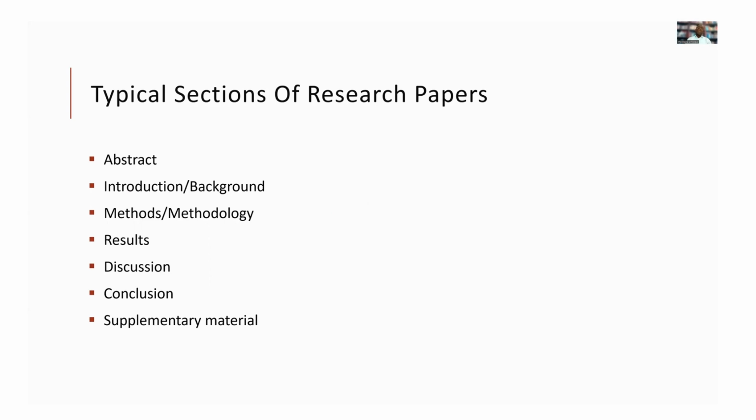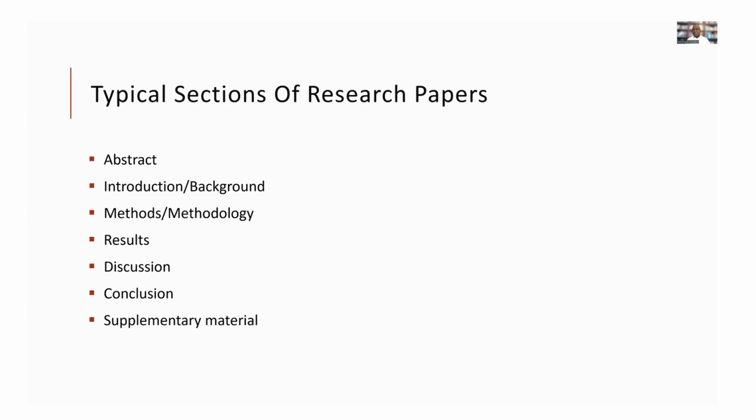Typically, research papers would have an abstract, an introduction or background, depending on the journal you're working with, the methods or methodology section, the results section, the discussion, and the conclusion.